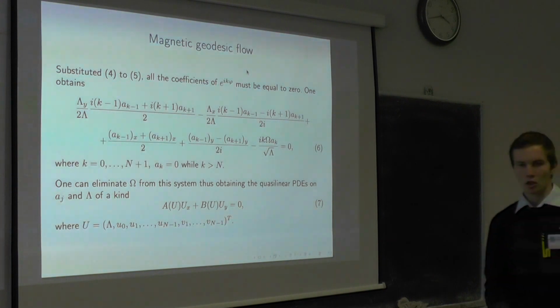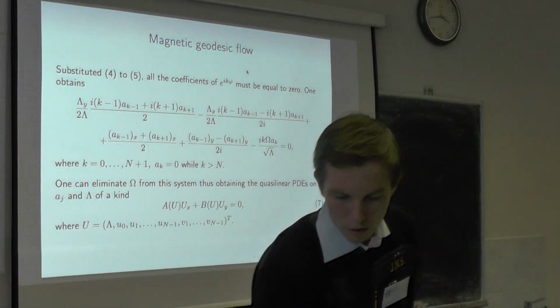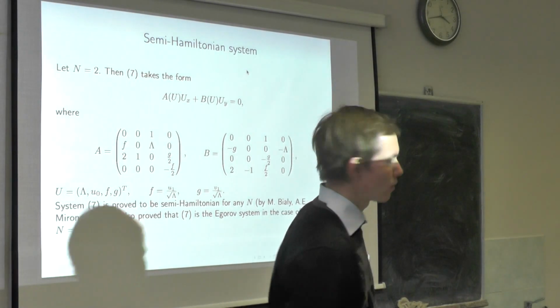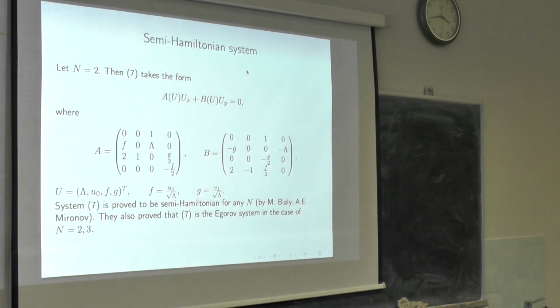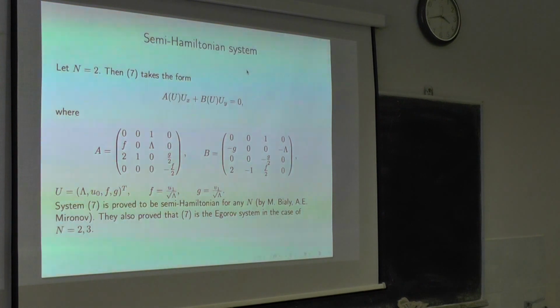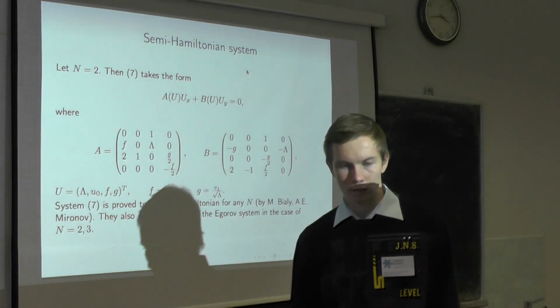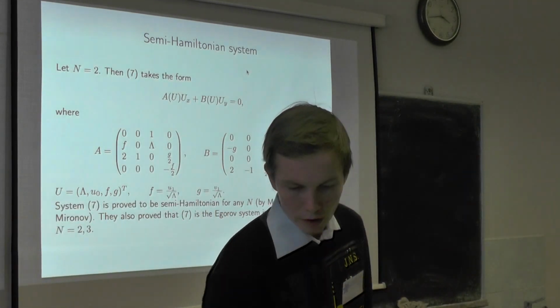The system is very large; for example, in the case of n equal to 2, that is how it can be written explicitly. Bialy and Mironov proved that this system is semi-Hamiltonian. They also proved that it is an Egorov system in the case of n equal to 2 or 3. It means that there exists an additional first integral of degree 2 or 3.